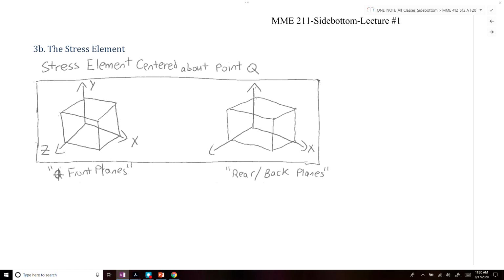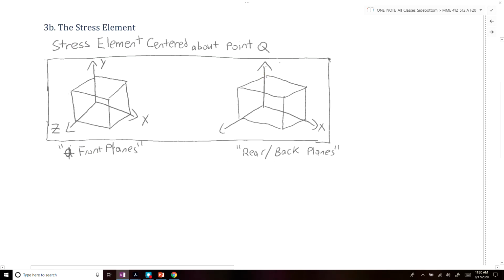Okay, so our stress element here will have 6 faces. It'll have what we'll determine as our front planes, or our back planes.